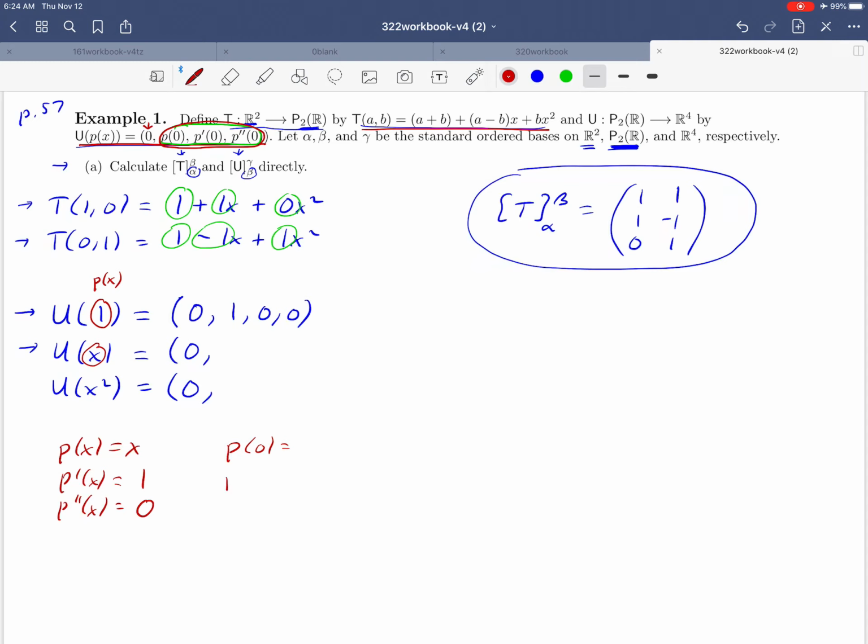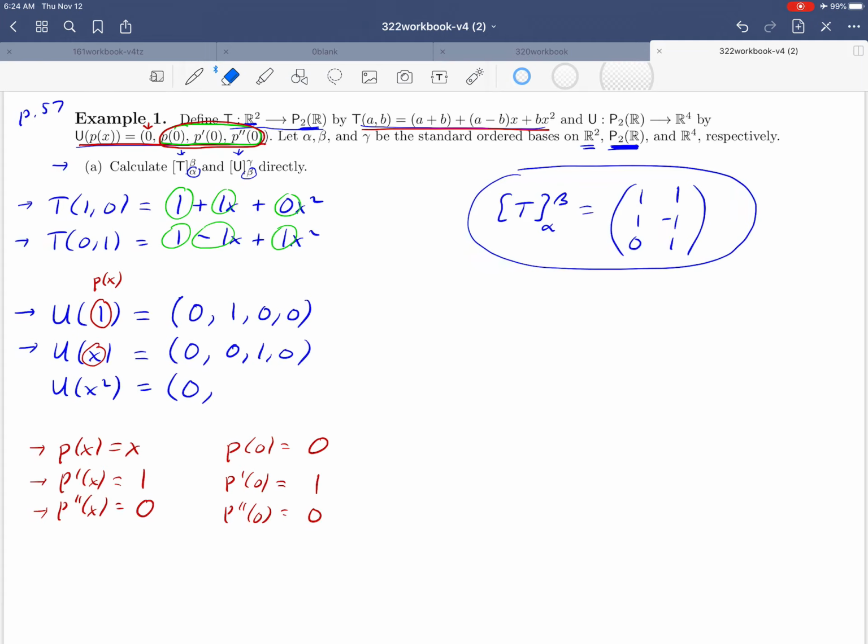So p of 0, p prime of 0, and p double prime of 0. We're going to get those three numbers by just taking these three formulas and substituting in x equals 0. In the first case, substituting in x equals 0, we get 0. And the second two, the 1 and the 0 that we got are going to stay the same. So that 0, 1, and 0 are going to be our last three outputs there.